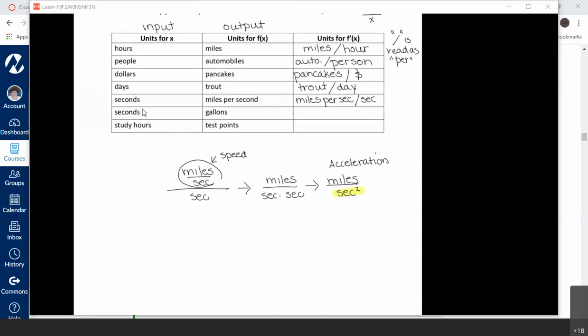How about the sixth row, the one with seconds as input and gallons for output? Anybody want to try that one?